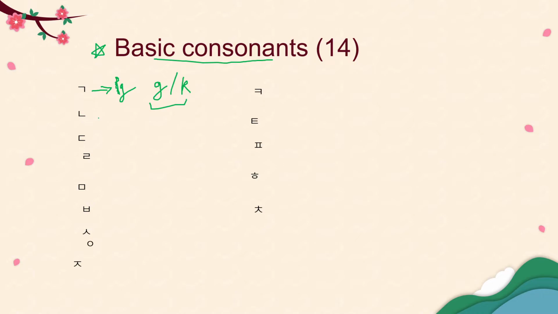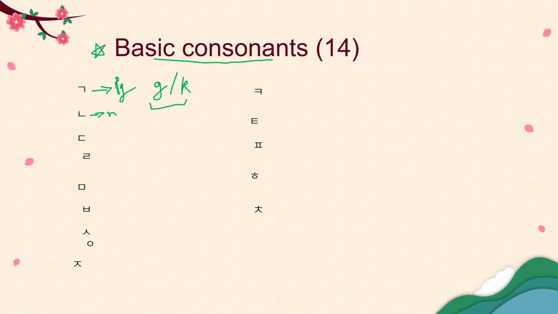Now the romanization of this is N. And you can remember this G as it looks like a gun, right? If you complete it, it starts from gun.